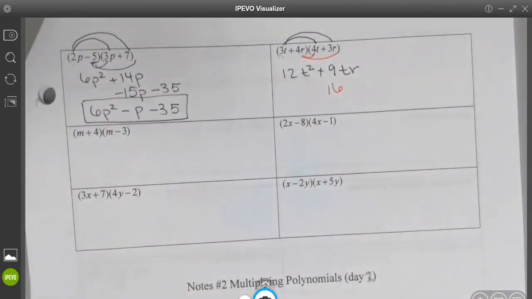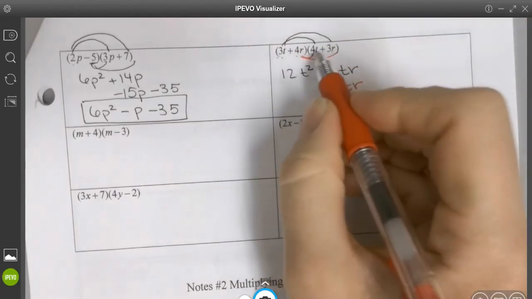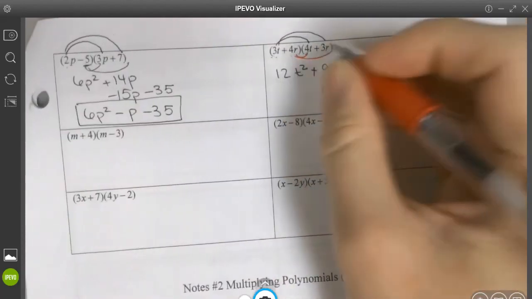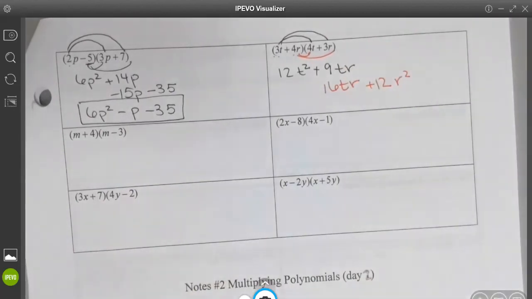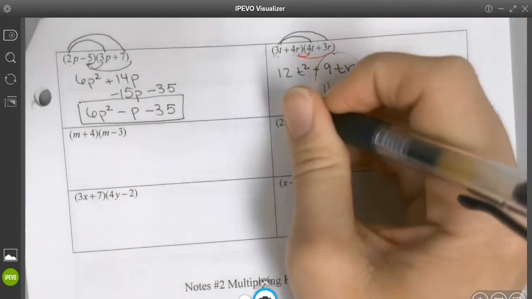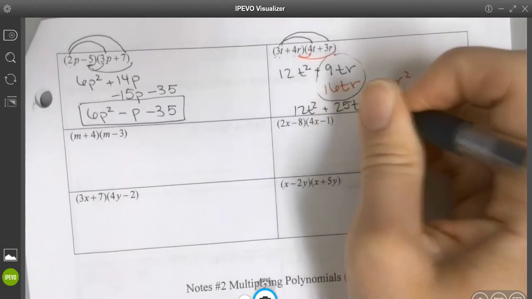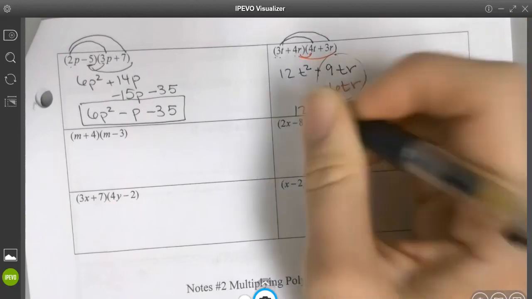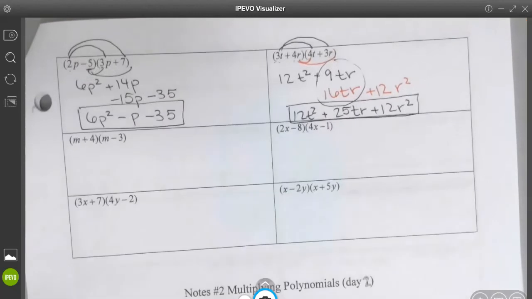Well, tr, rt, it's the same, it's just flipping around the variable order. So when I write this, I'm going to keep it consistent and say I have 16 and a t and an r. And then 4 times 3 gives me 12r squared. Combining like terms here in the middle, those trs, 12t squared plus 25tr plus 12r squared. And there's my result of multiplying through.